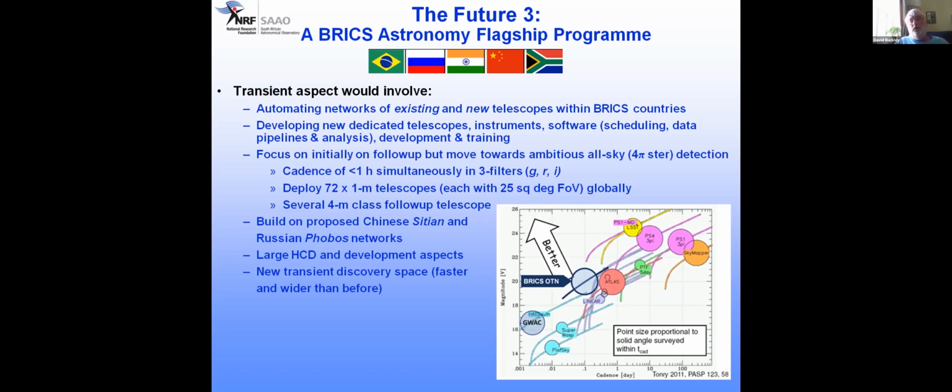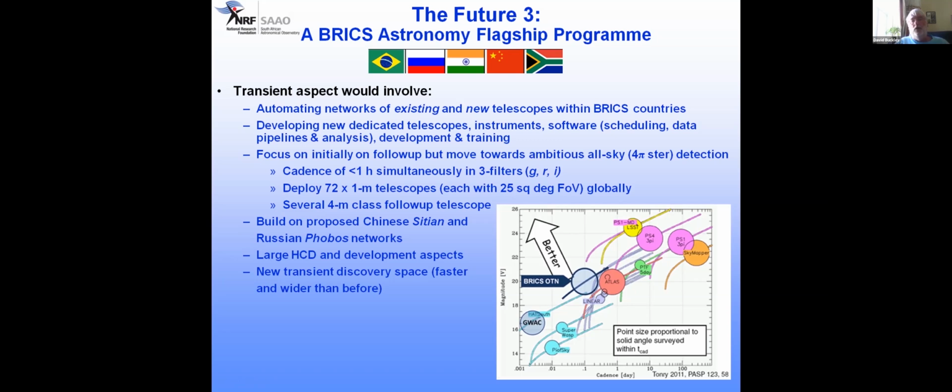And furthermore, for the massive phase 2 of this, which is building this network of 1 meter telescopes, this is already a project which the Chinese are considering, called Citian, and the Russians in a smaller case with something called Phobos. So it's very synergistic with existing planned projects in those BRICS countries.